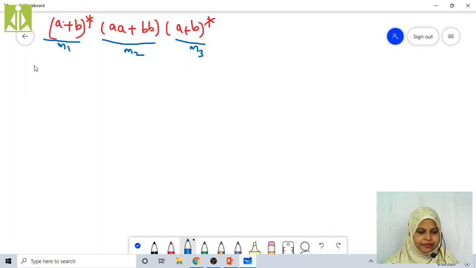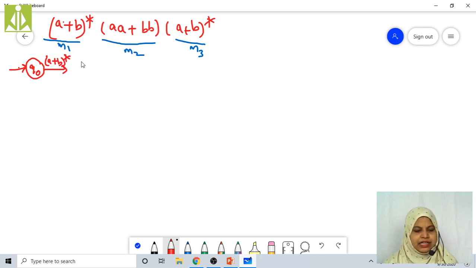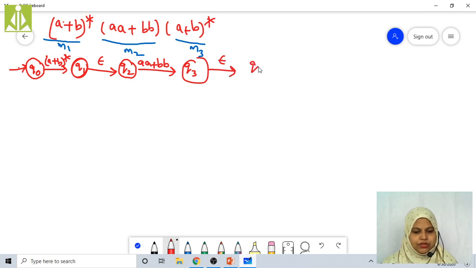In the same way, here I take q naught, then (a plus b) whole star, next q1, next epsilon, next q2, then (a plus b), next q3, next epsilon, q4, then (a plus b) whole star, then qf. This is the final state.